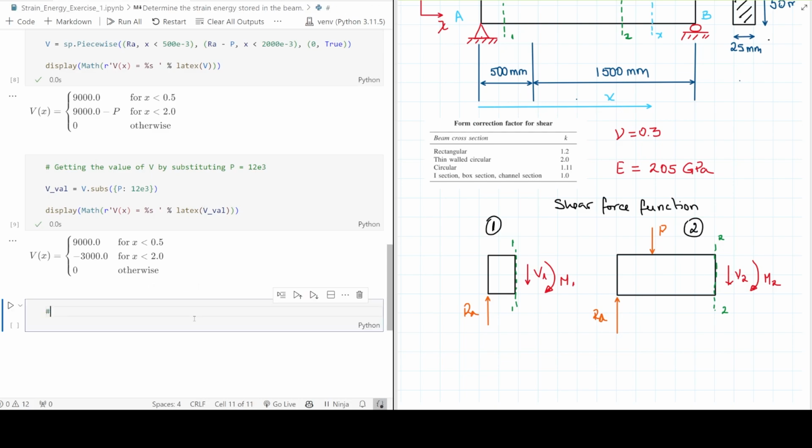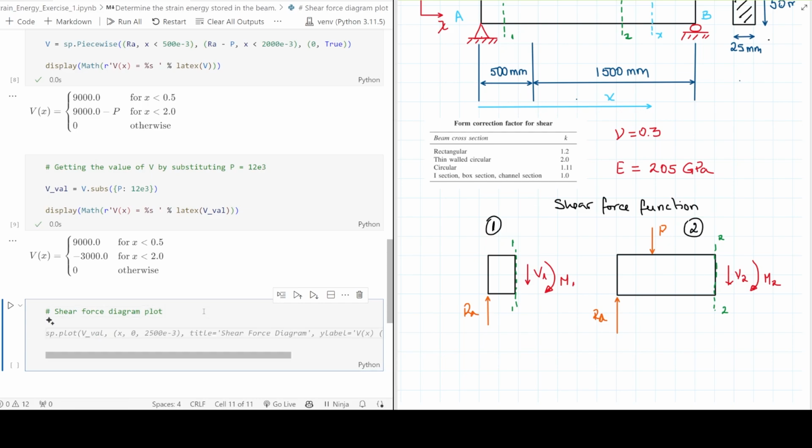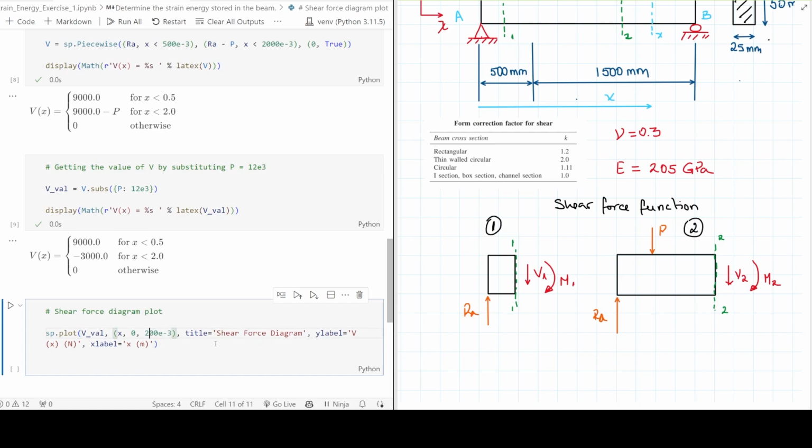Let's use Python to give us the shear force diagram. We're going to use the plot function in symbolic Python, that is plot. Now you need to plot this from 0 to this, and then shear force diagram, y level is V. Let's see how it looks.